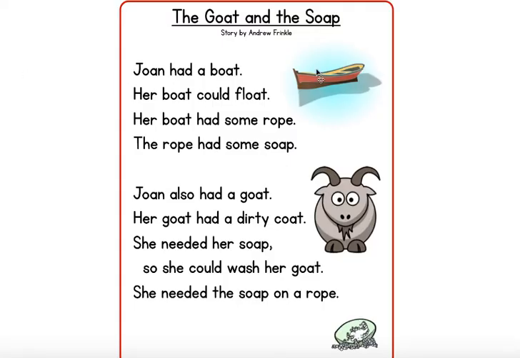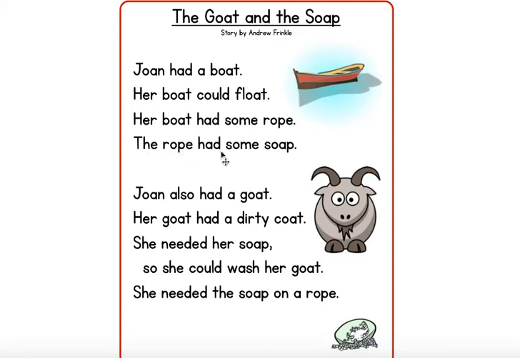Let's take a look. When I read the poem, I want you to find all the long O sounds in the poem. The goat and the soap. Joan had a boat. Her boat could float. Her boat had some rope.